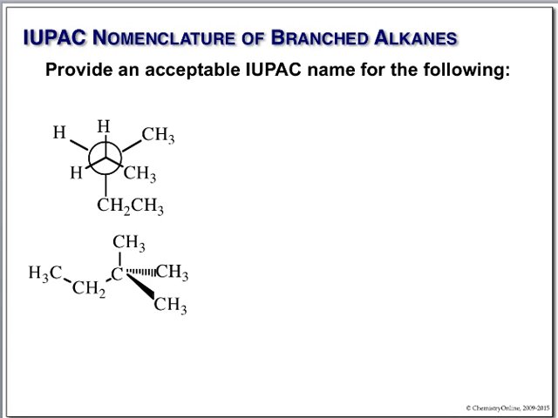Simplest way, I think, is to take the Newman and write it back as a sawhorse. Remember in a sawhorse, we're just going to take our front carbon, move it over a little bit, and it would look something like this. Now it becomes very, very easy. Once again, this is our front carbon, and this is our back carbon. Now you find your main chain.